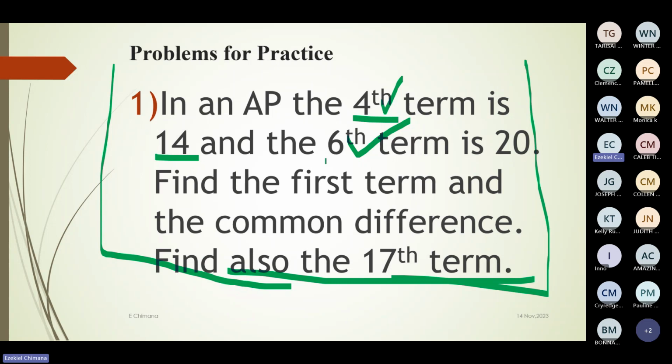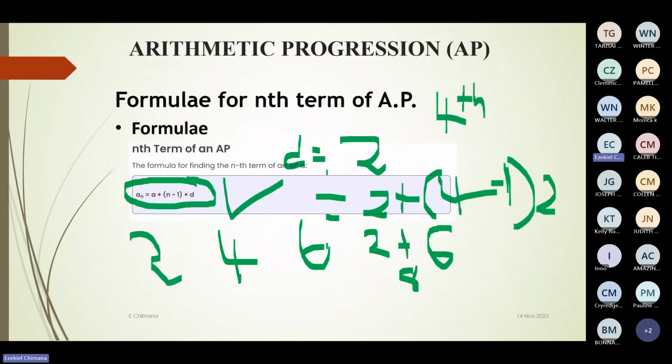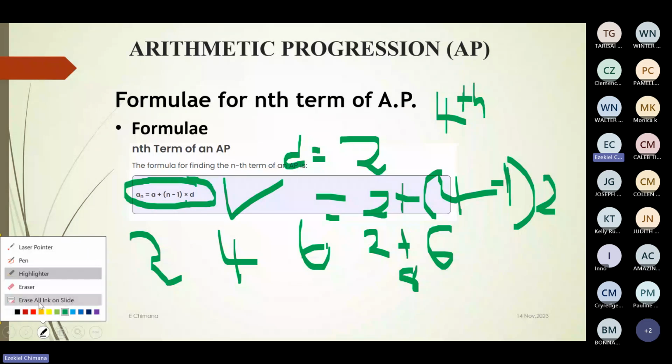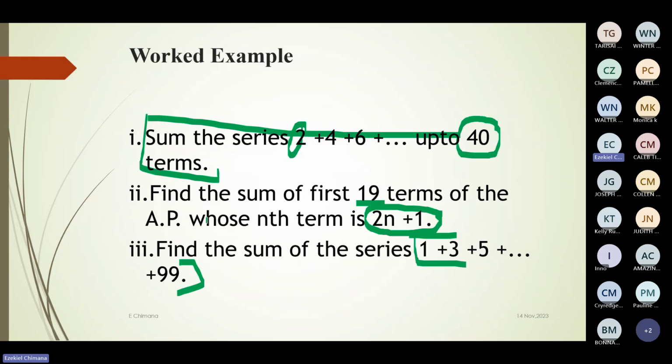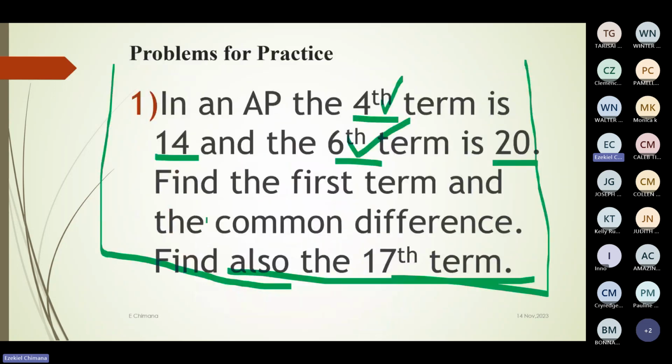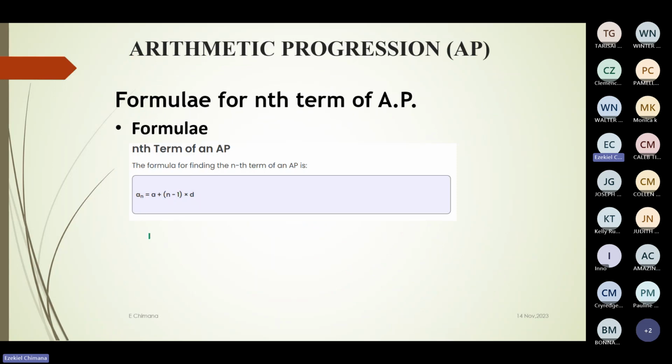And then the sixth term is 20. So where do we have the formula? This one, the nth term. Let me wrap everything. So if you look at this one, a_n, which is our fourth term, is 14.